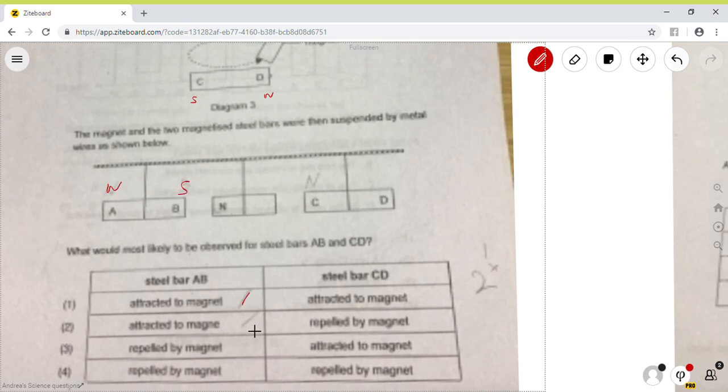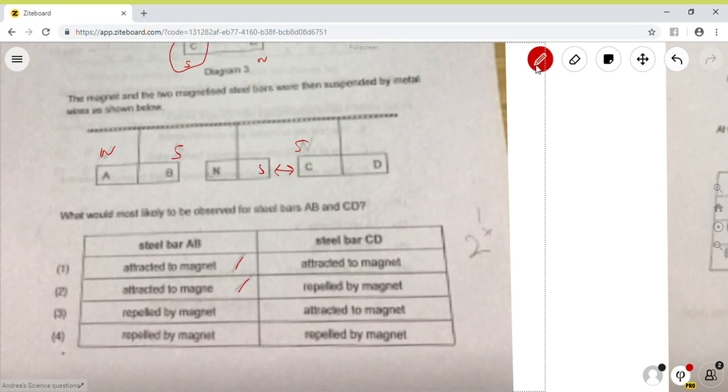So these 2, north, south, the C is wrong. Because here is north. Sorry, this is south. Let's see, the C is south, as shown here. So this should be south, and this is south, right? Yeah, because it's north, so this one should repel.